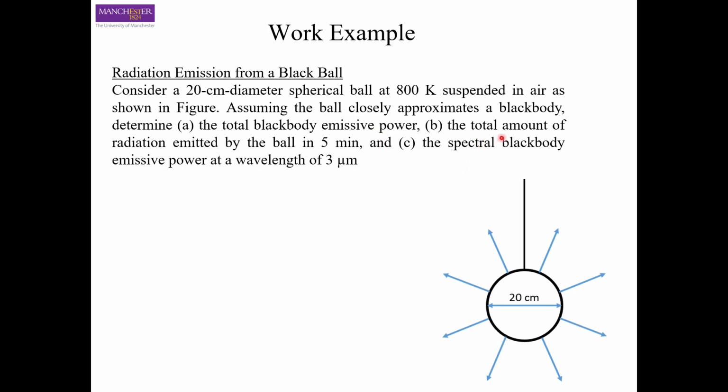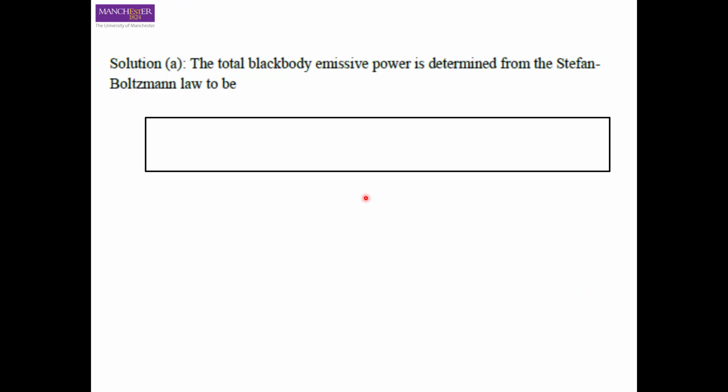What is the total amount of heat radiated within 5 minutes, and finally, what is the emissive power at a certain wavelength of 3 micrometer. Okay, so let's look at the solution of this example.